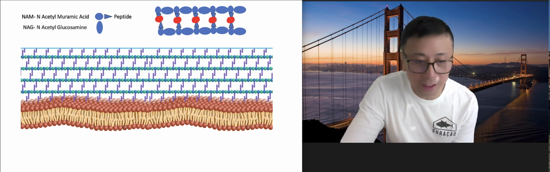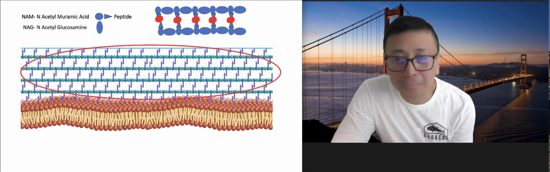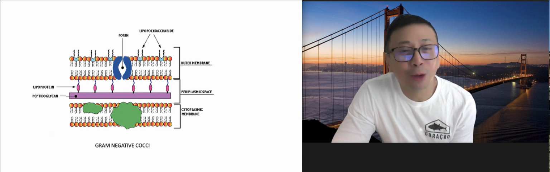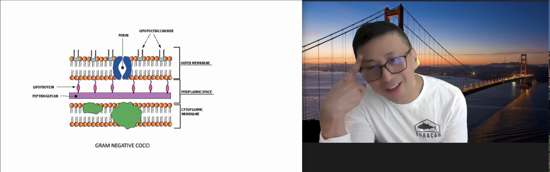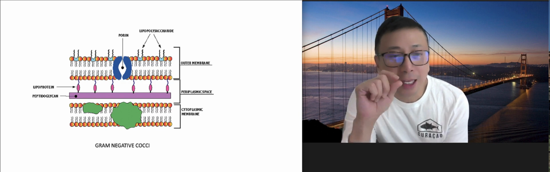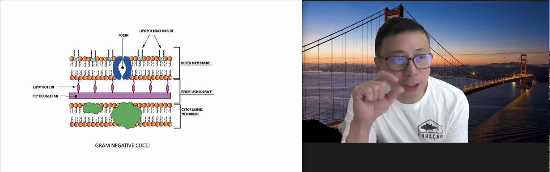And this is how they look like. Okay? All right. So the amount of peptidoglycan, outer membrane. So this is your gram-negative cocci. Look at your peptidoglycan.